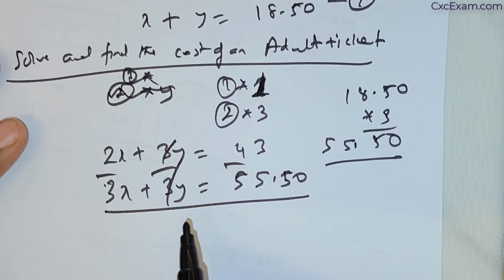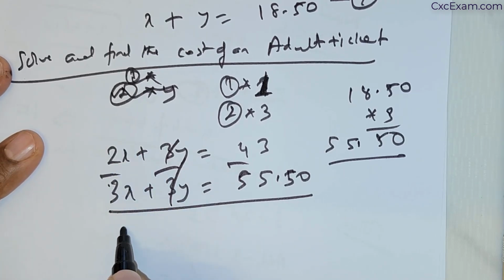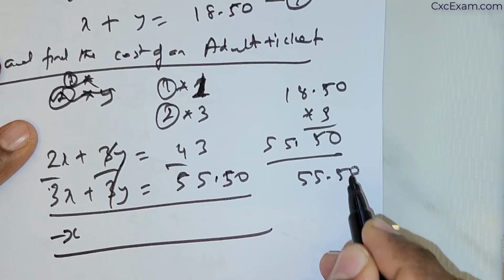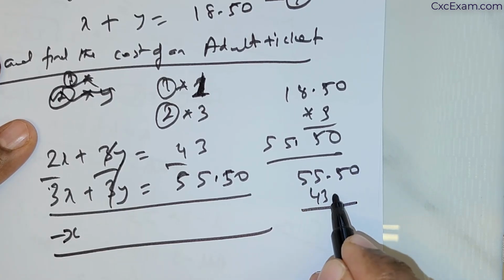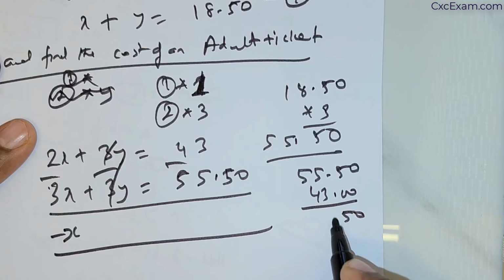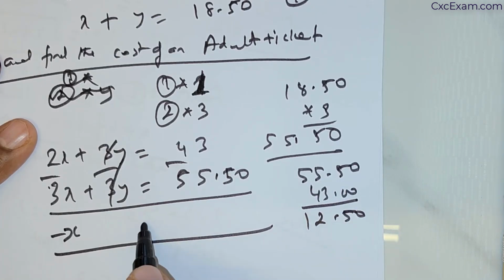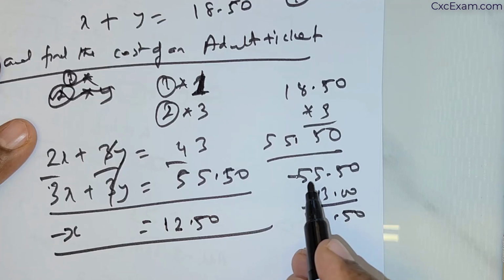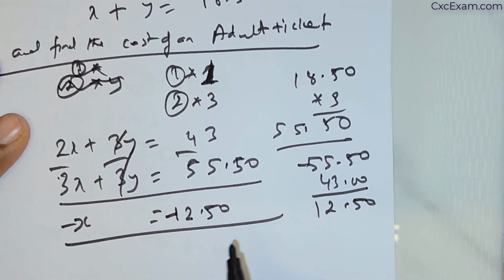You subtract, these two get cancelled. 2x negative 3x, you get a negative x. From 55.50 you take away 43. You get 12.50, but the sign of the greater term is negative.